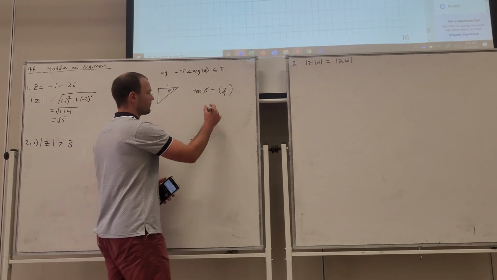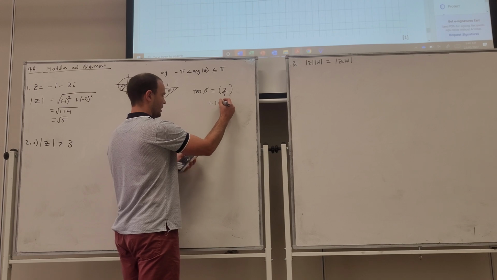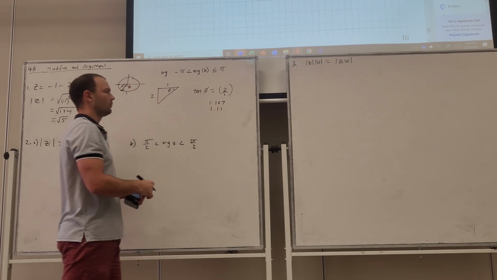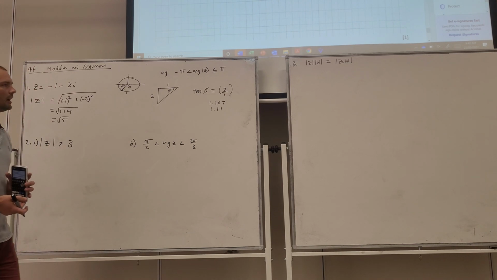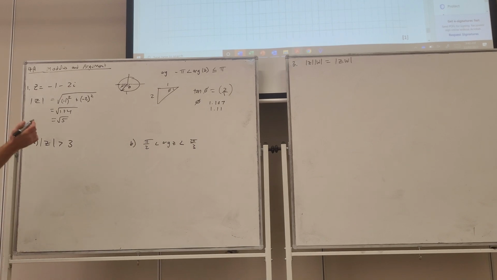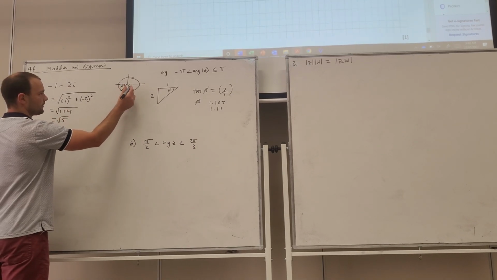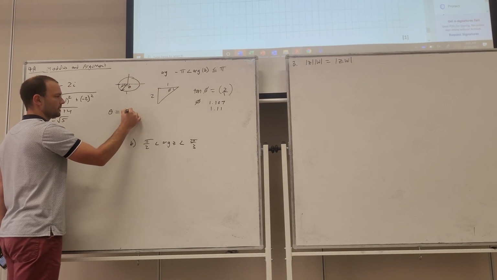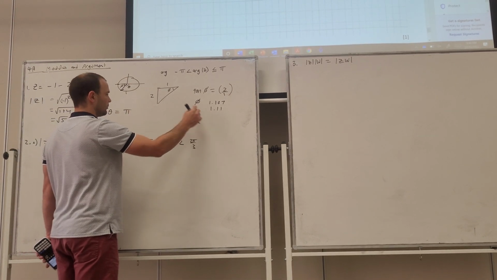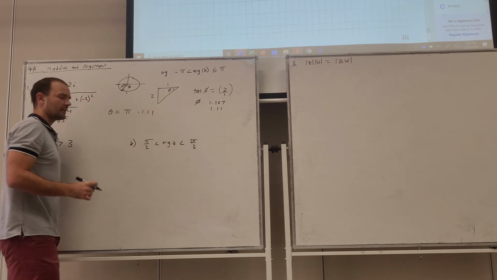And I've got 1.107, so to 3 significant figures, 1.11. So that's what phi is. If we want to know theta, theta is going to be pi, or you can think of 180 degrees, take away 1.11 radians.